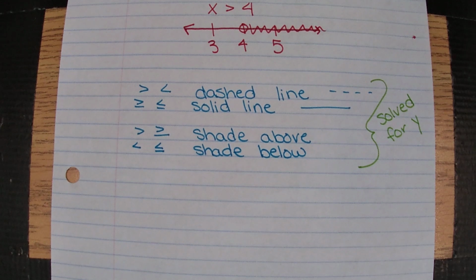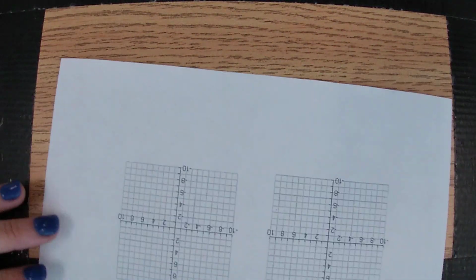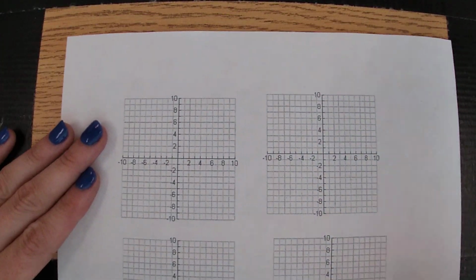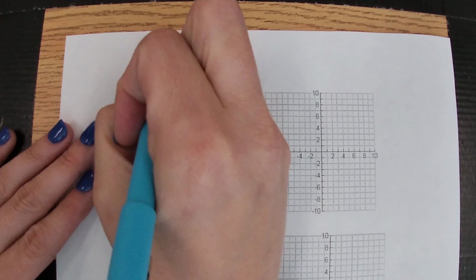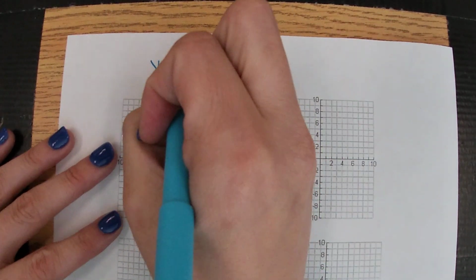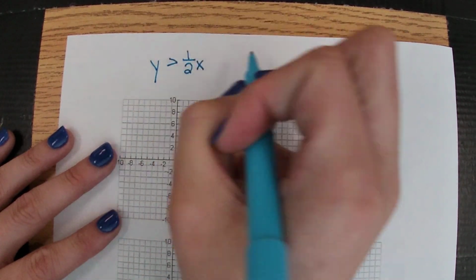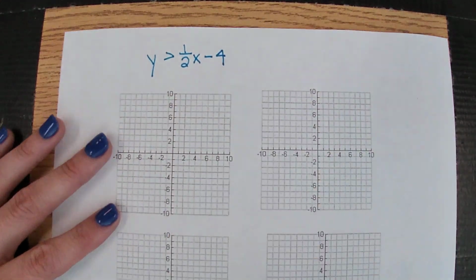Okay. Now, it's going to start off with ideas that we already know. And the idea is that if we are solved for y, we are in the form y equals mx plus b. So let's say we want to graph y is greater than 1/2 x minus 4.